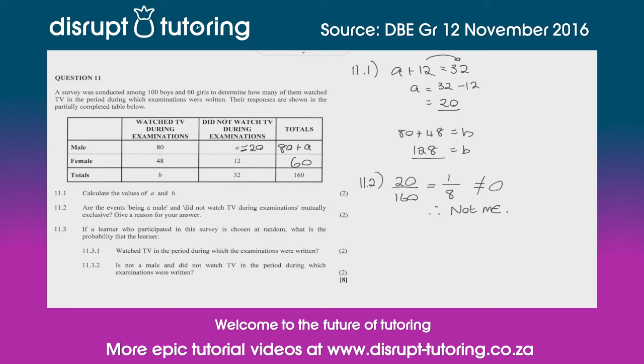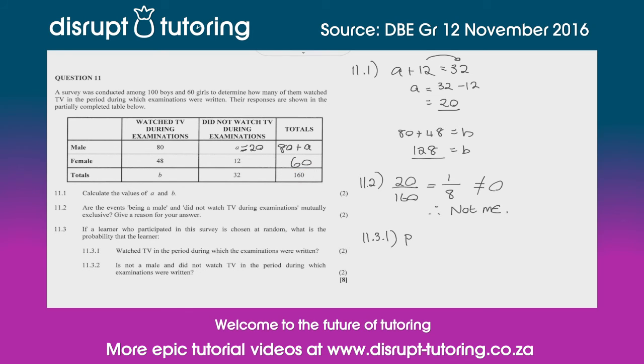Okay, then question 11.3.1. If a learner who participated in this survey is chosen at random, what is the probability that the learner watched TV in the period during which the examinations were written? So if it's chosen at random and those who watched TV during the period at which examinations were written, that would be our total for B over the overall total.